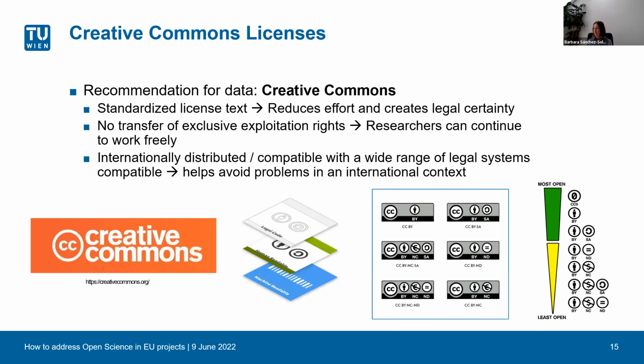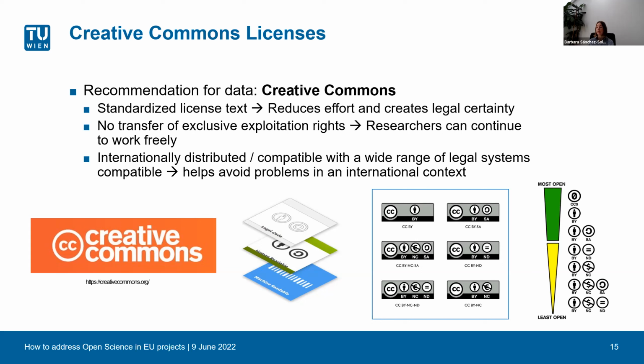This is a side note, Creative Commons license. I would like to point out that there are other licenses. Creative Commons are not the only ones. You can, in fact, also design your own license. But Creative Commons are quite practicable in the academic environment because they are about a standardized license text. They are internationally known, and they usually comply with the legal systems in our countries.